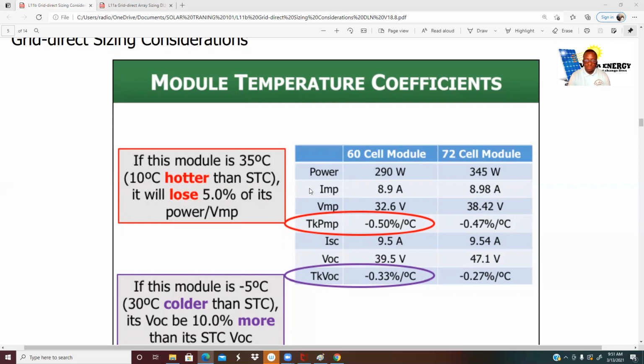For instance, you will see it right here: a 290 watt PV model with 60 cells. The IMP is 8.9 amps and the VMP is 32.64 volts. The TK PMP is negative 0.50 percent per degree.